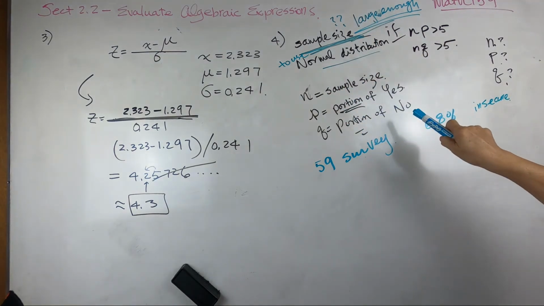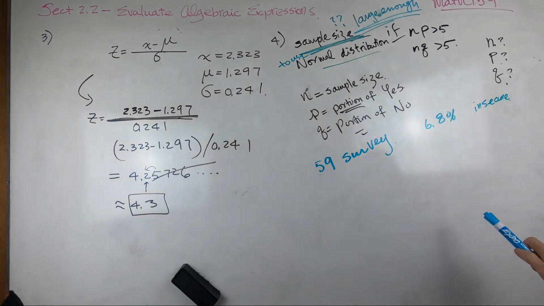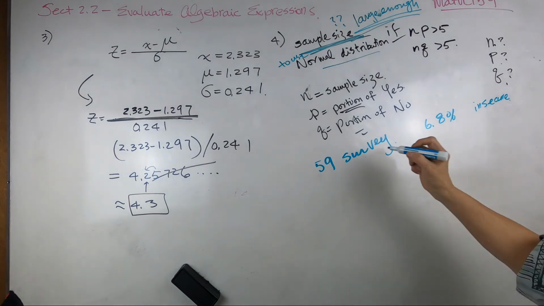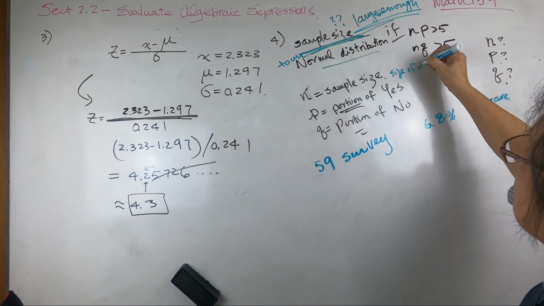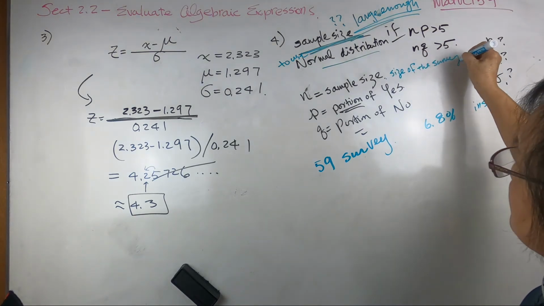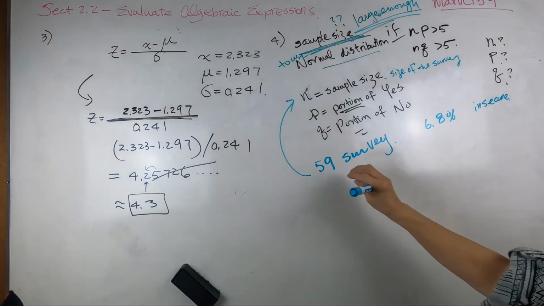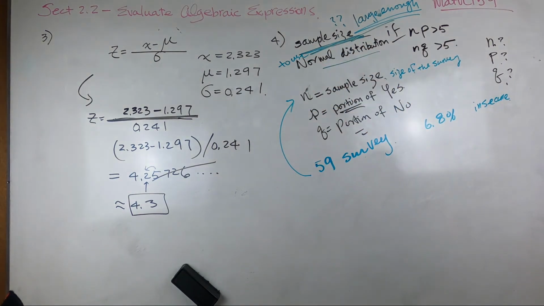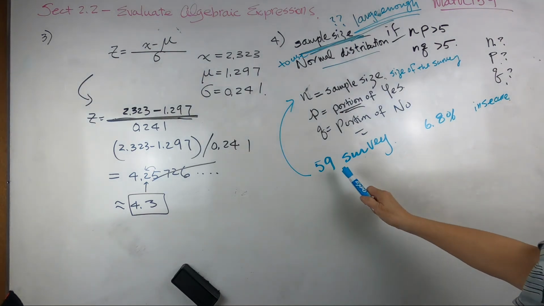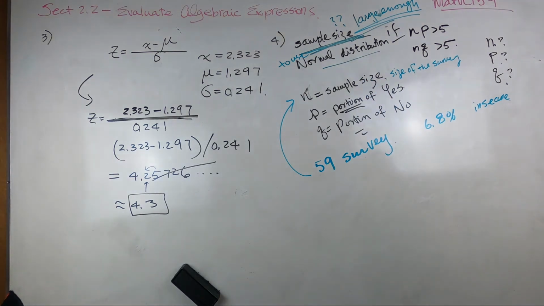What's your sample size? It's the size of the survey. That's your n. You have to match the number with the symbol. So you have 59 people surveyed. That means your sample size, right?